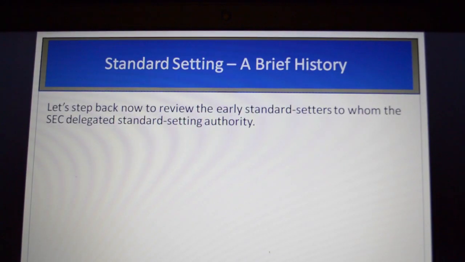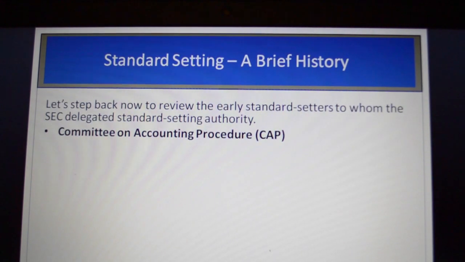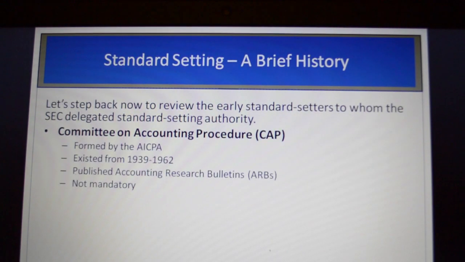Let's review the early standard setters to whom the SEC delegated standard setting authority. Committee on Accounting Procedure, CAP, formed by AICPA, existed from 1939 to 1962, published accounting research bulletins, ARBs, not mandatory.